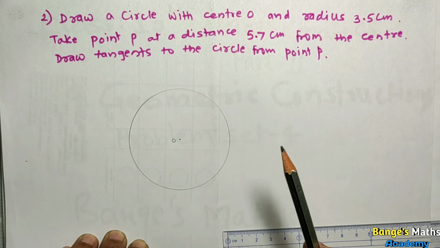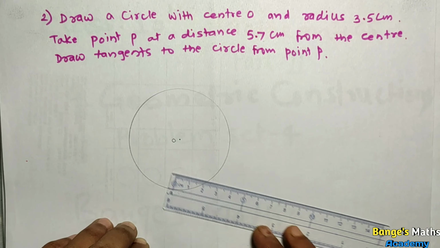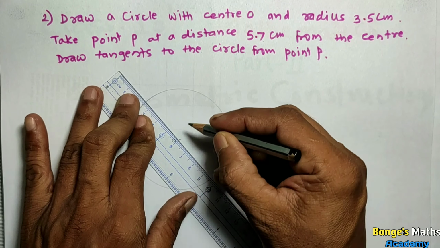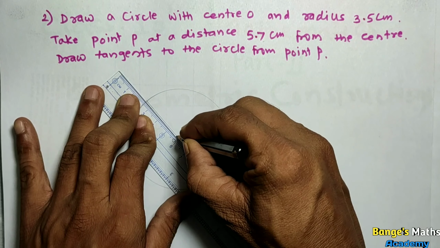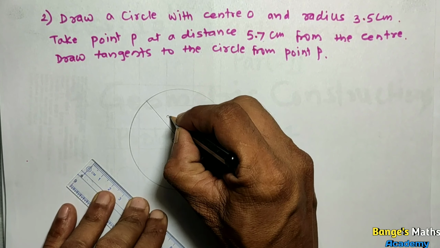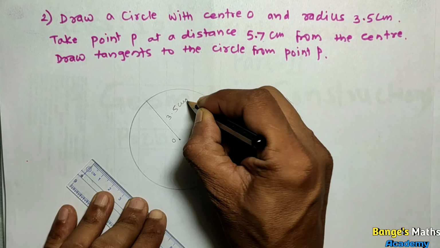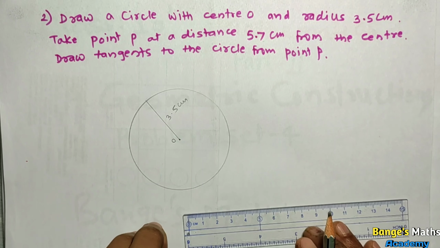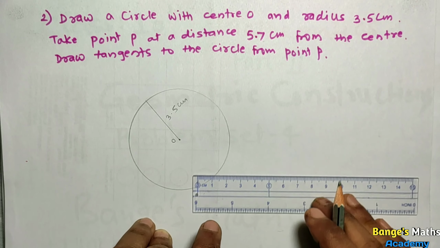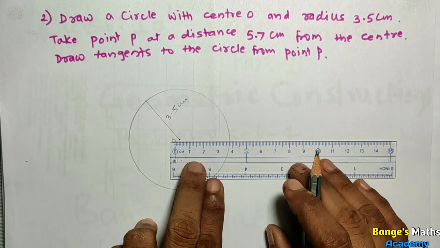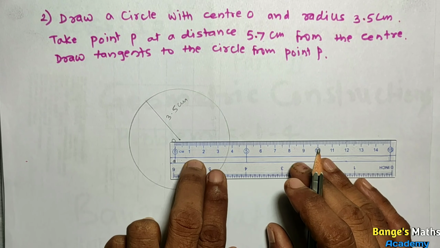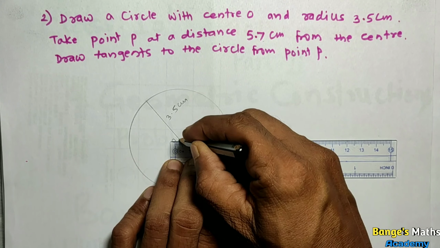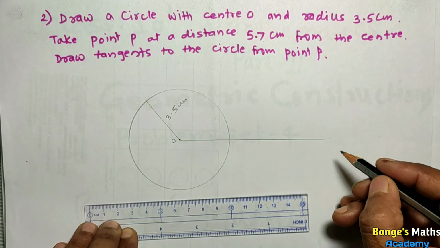Then take a point P at a distance 5.7 cm. Radius of the circle is 3.5 cm and we have to take a point P at a distance 5.7 cm from the center. So draw radius and extend to the right side.